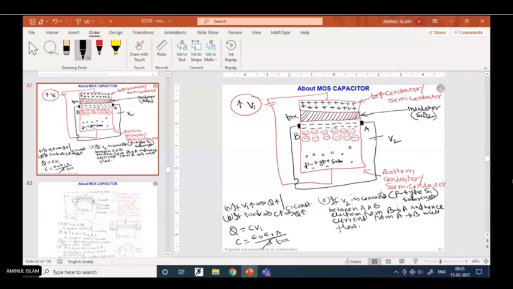If V1 increases, will the electron density increase or not?